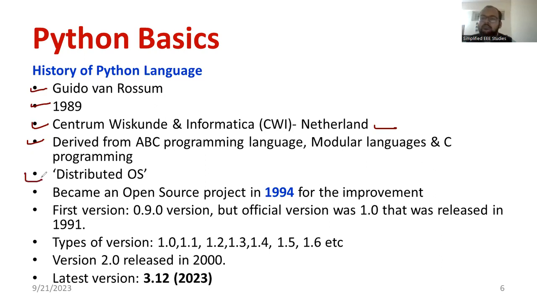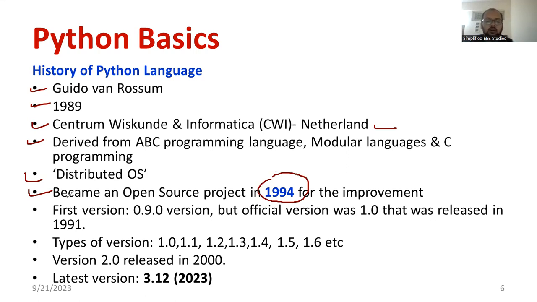When Guido van Rossum was developing a distributed OS, at that time he fortunately found this particular language. And it became open source in the year 1994. Why? Because an external person can develop the source code and go for some improvement of this program.